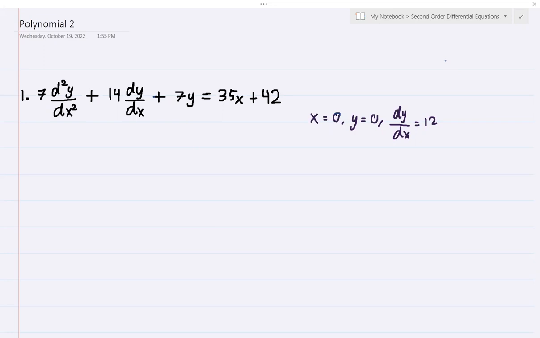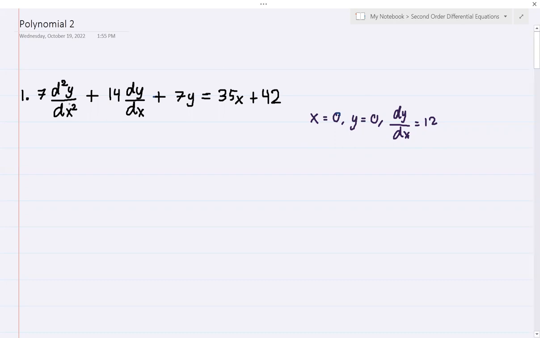In this video, we are not only going to identify the general solution, but also the particular solution, because we have our given values: x is 0, y is equal to 0, and dy over dx is 1. So we have two objectives: find the general solution and the particular solution.